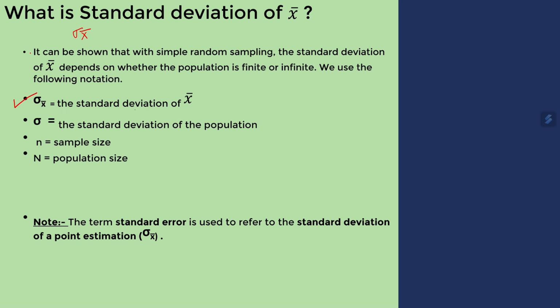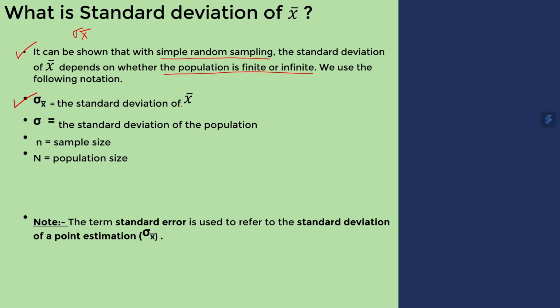Okay, so what it says: it can be shown that with simple random sampling, the standard deviation of x bar depends on whether the population is finite or infinite. We use the following notation like this.